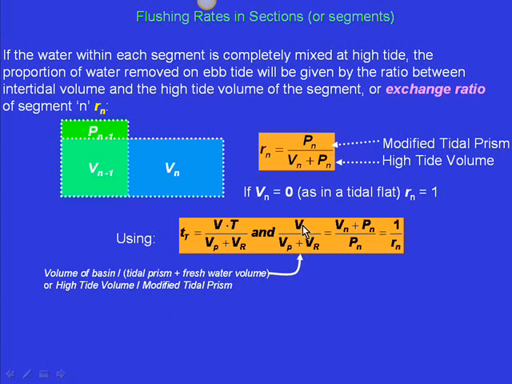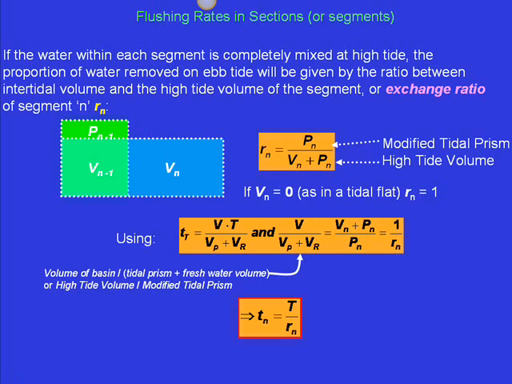So in other words, this ratio can be written as this ratio, which is the inverse of the exchange ratio. So from these, you can get the residence time at each one of the segments using the exchange ratio.